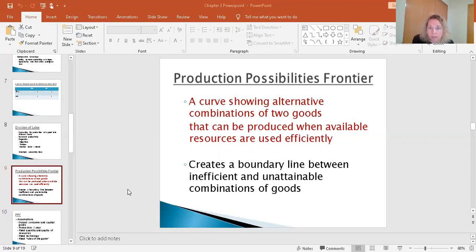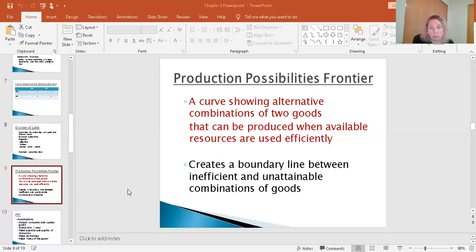Just like I said, my limitation is 24 hours a day. So I actually wouldn't have a PPF that included 12 hours of market labor teaching and 13 hours of household production, like washing my clothes and cooking, because it's not actually possible for me to do that. So that wouldn't be included on my PPF.